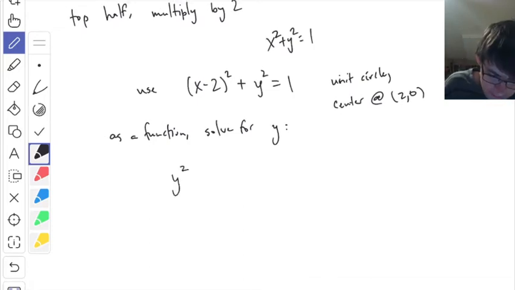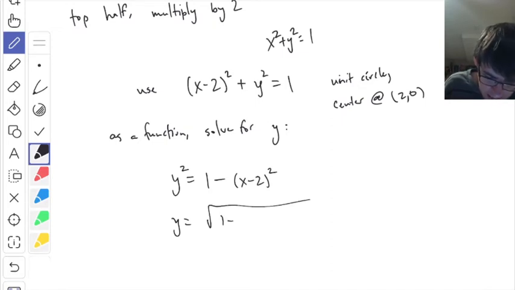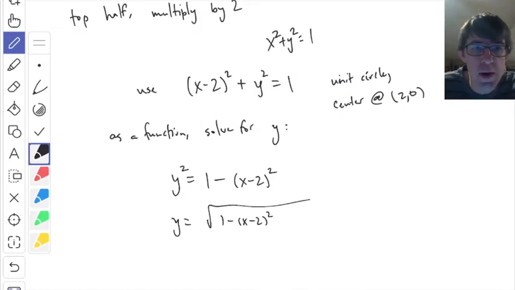Okay, do the square root on the other side. Yeah, great. Subtract like that and then take the square root. Now, of course, when you take that square root, you're only going to get the top half of the graph, but that's fine because that's actually all we wanted. All right, so this is my function. And if you want, you could square out the thing inside the square root sign and recombine it with the 1. It's not really helpful to do that, but you can if you want.